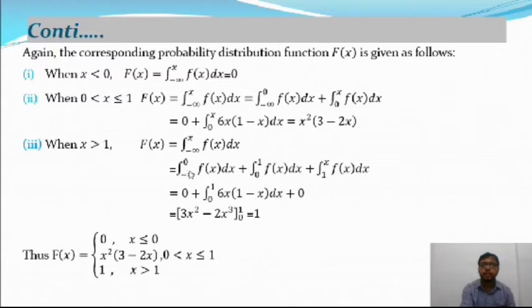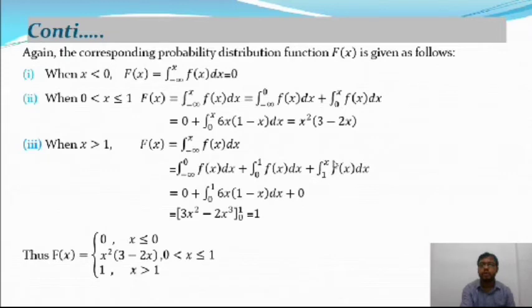In the interval minus infinity to 0, the density function is 0. For 0 to 1, it will be the integral from 0 to 1 of 6x into 1 minus x into dx.